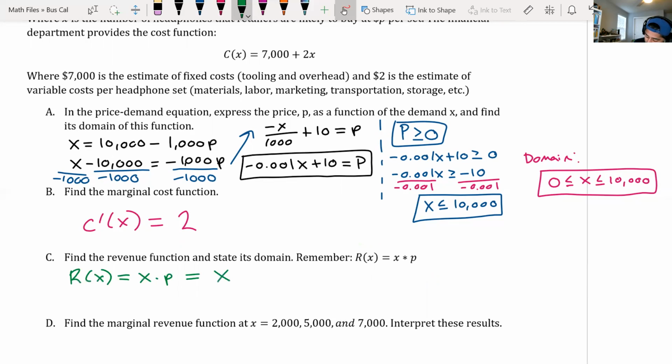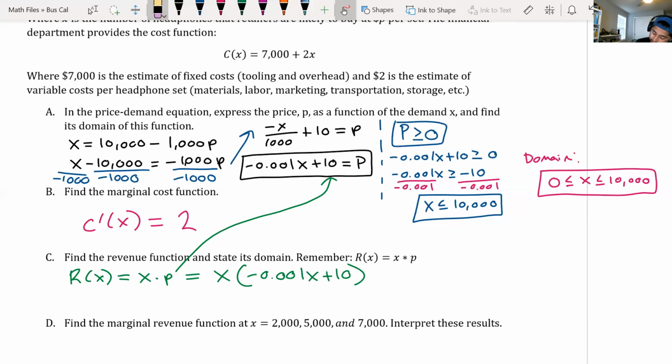X is the number of headphones. And did we create an equation for P in step A? Yes, right here. So you're going to plug all of that in for P: negative 0.001x plus 10.